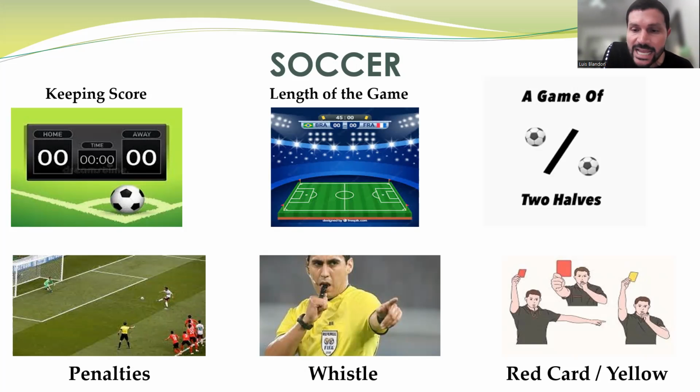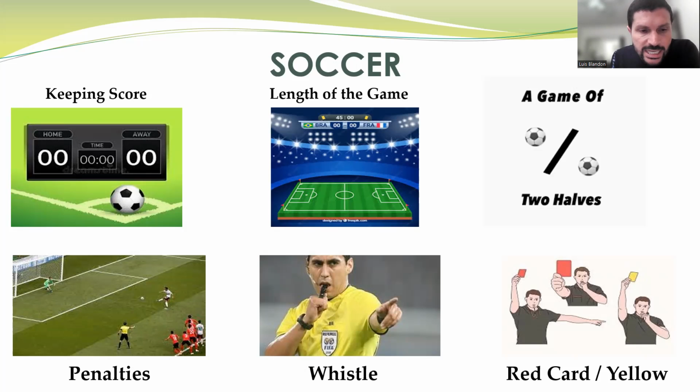If you go against the rules, the referee will blow the whistle and show you a red card or a yellow card, depending on how serious the mistake you made is. And it could lead to a penalty.